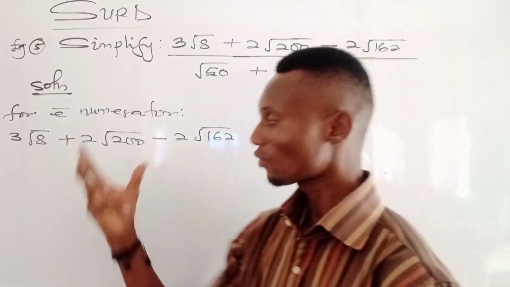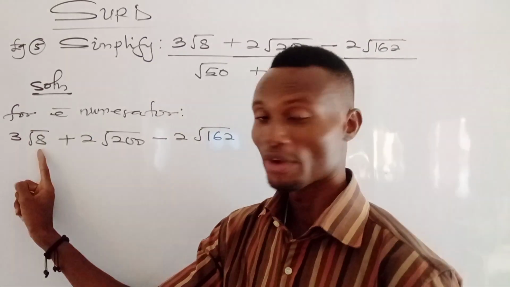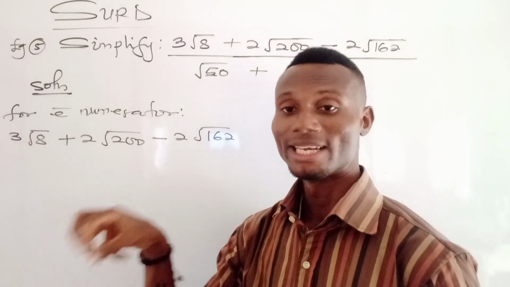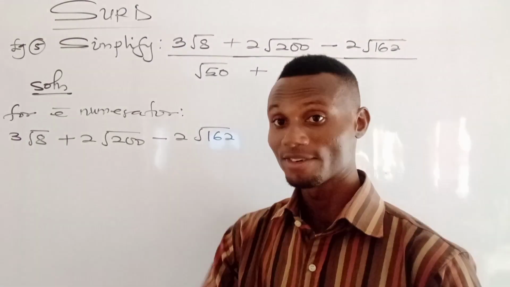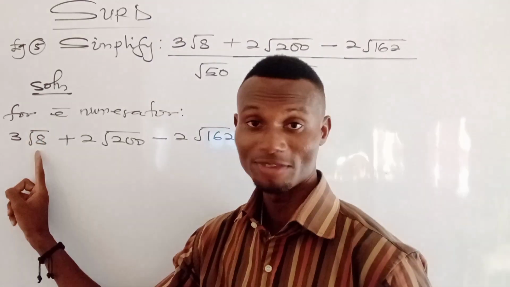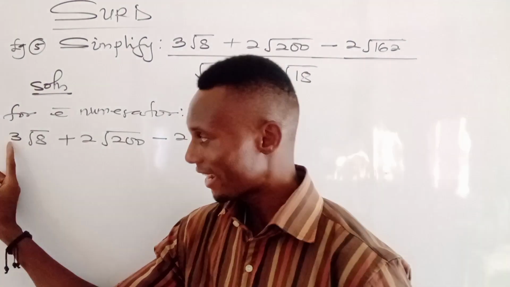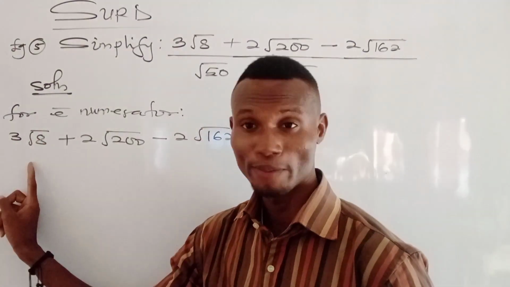Let me go over it one more time. We are going to simplify each term. This root 8 we simplify using the knowledge of simplification of SED that I've taught you. But don't forget there's a 3 multiplying the square root of 8, so whatever answer we get, the 3 will multiply it.